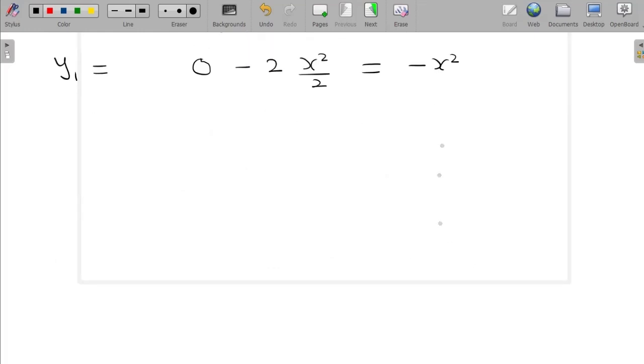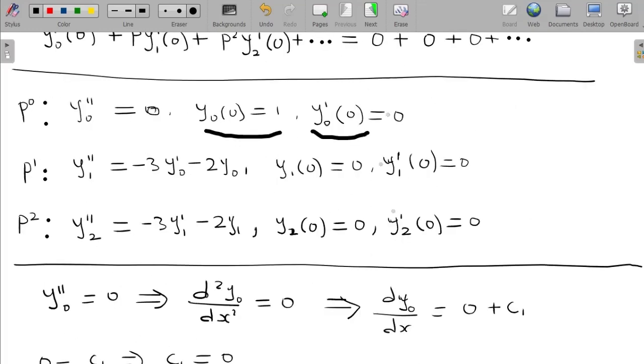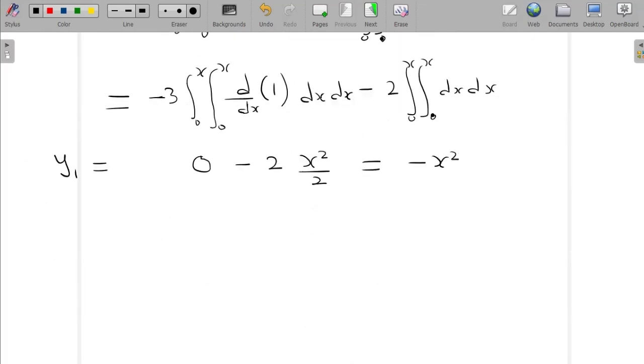So let's quickly do that for the third term. We want to obtain y double prime 2. Like I said, we just integrate twice because the conditions are all 0, so it won't have any effect.